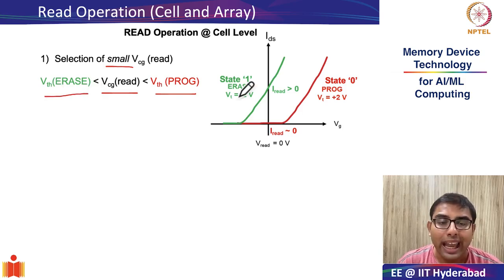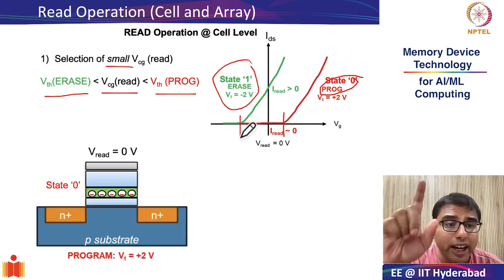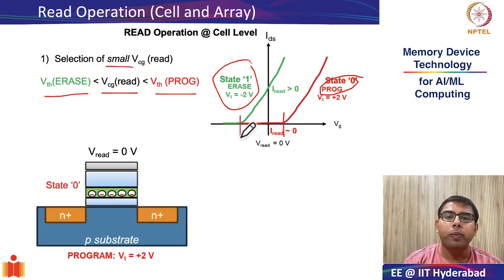In this particular example, the program state, which is also state 0, has a threshold voltage of roughly plus 2 volts, whereas in the erase state the threshold voltage is minus 2 volts. Just to remind you, why is the threshold voltage in the program state much higher than in the erase state?